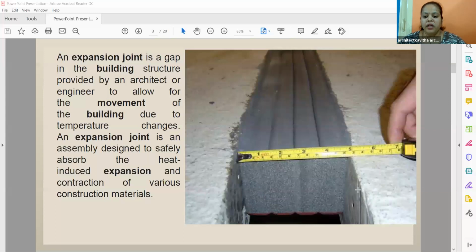Expansion joint is nothing but, when you have a long building, more than 25 to 30 meters long, the longer it is, when you have earthquakes and all, there are chances for it to crack. So to avoid the cracks, you give a small gap between the entire structure. So expansion joint is nothing but the gap between the building structure.